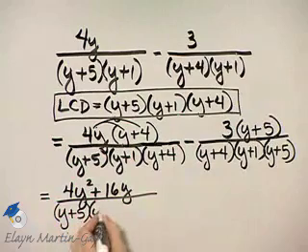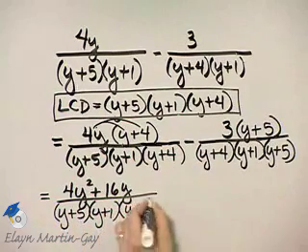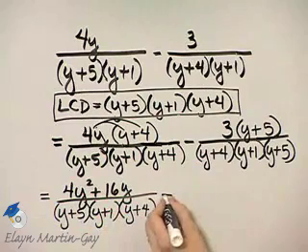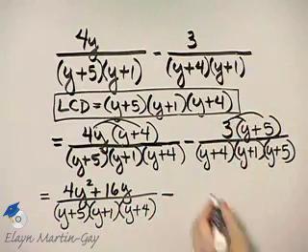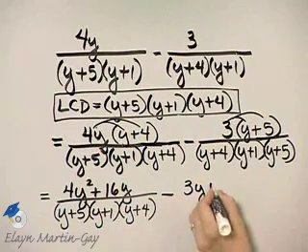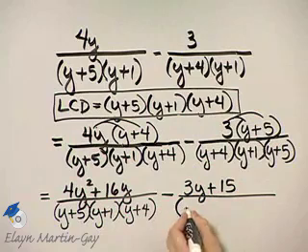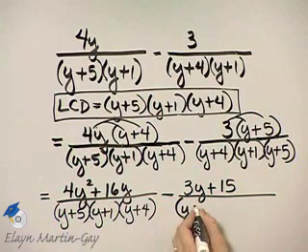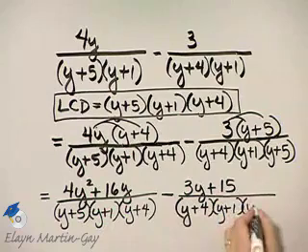Y plus 5 times y plus 1 times y plus 4 minus, again, let's go ahead and multiply. I have 3y plus 15 over, same denominator, different order, but that doesn't matter, y plus 4 times y plus 1 times y plus 5.